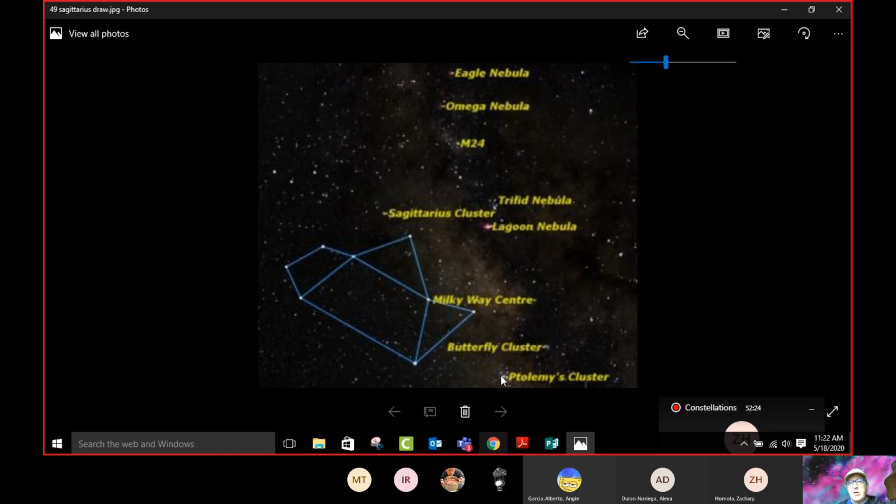And these are like, imagine a sphere of stars that there's like 10,000 stars packed together in this small space. And when you look at them in binoculars, you're not going to see all 10,000, but you can see dozens and dozens and dozens of stars packed together in a circular area right here, or here, or here. Center of the Milky Way, right off the tip of the teapot.